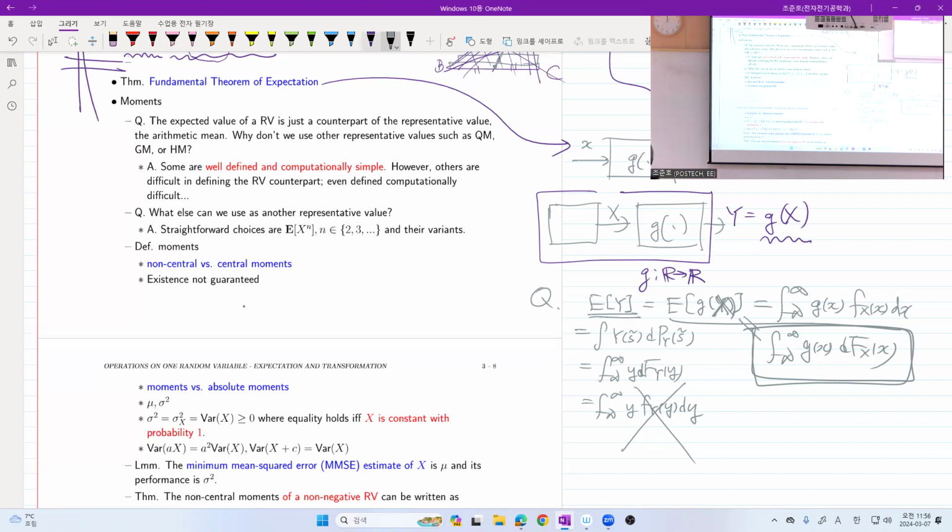And this motivates a lot of interesting things. See the notation. Sometimes notation helps us memorize some important theorems. Here, what is deterministic and what is random? Of course, you may say that G of X, as the new random variable Y, is the random thing inside the expectation operator.